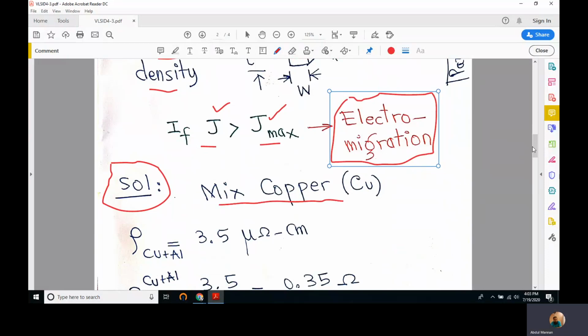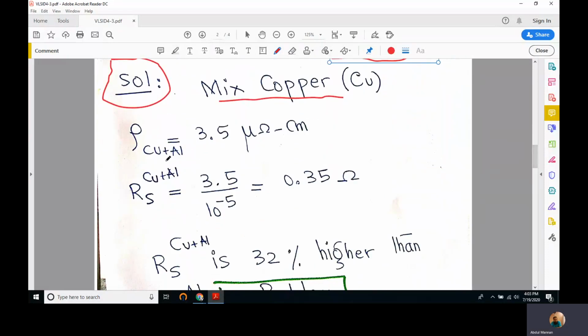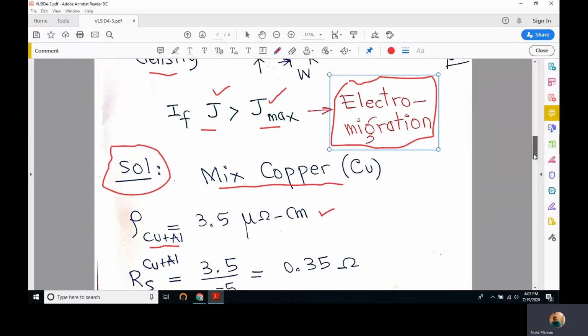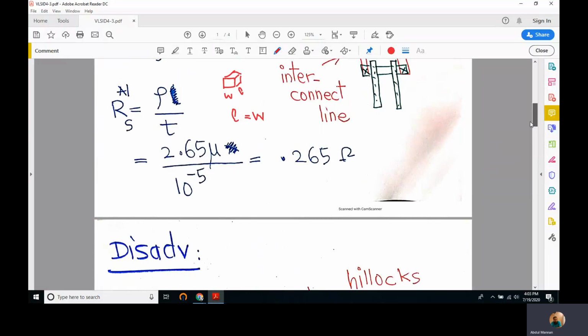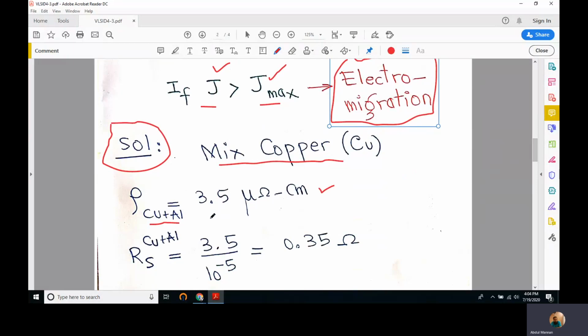Copper itself has a resistivity smaller than aluminum, but if we add it to aluminum, the resistivity of this alloy is a bit higher than the resistivity of aluminum. It's 2.65 for aluminum, and that of the alloy is 3.5, so it's a bit higher. So this is a disadvantage.